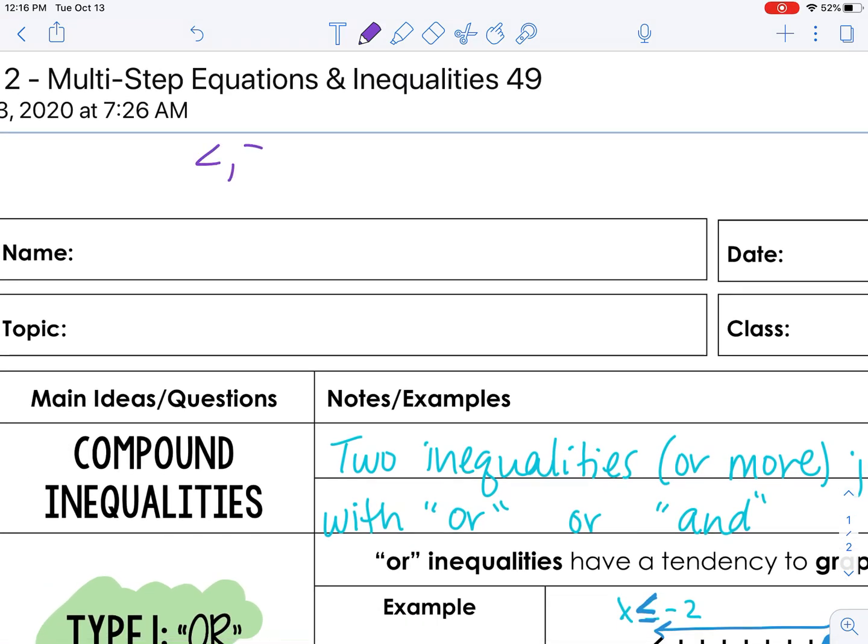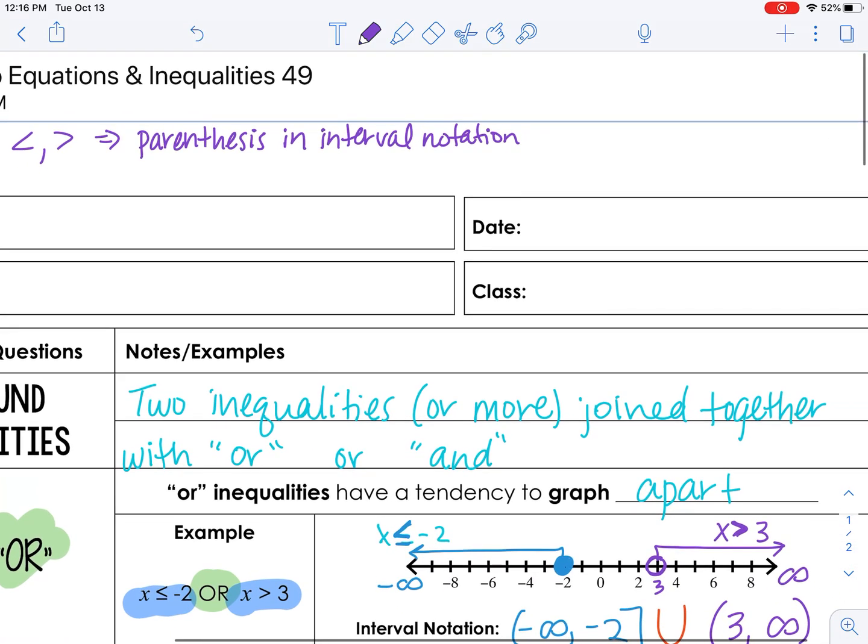Remember, if I'm only looking at less than or greater than, I need to use parentheses in interval notation and an open circle in the graph.